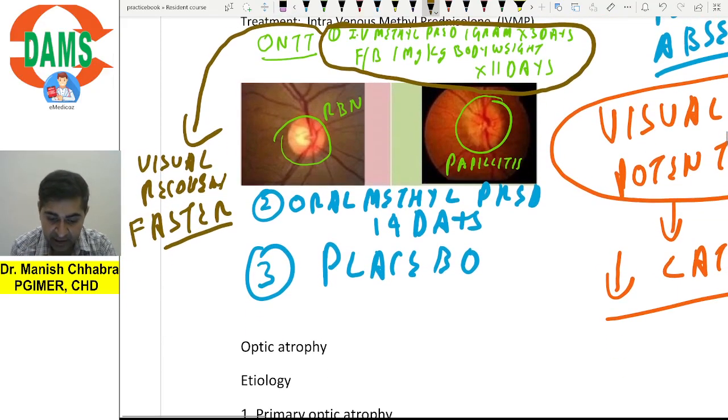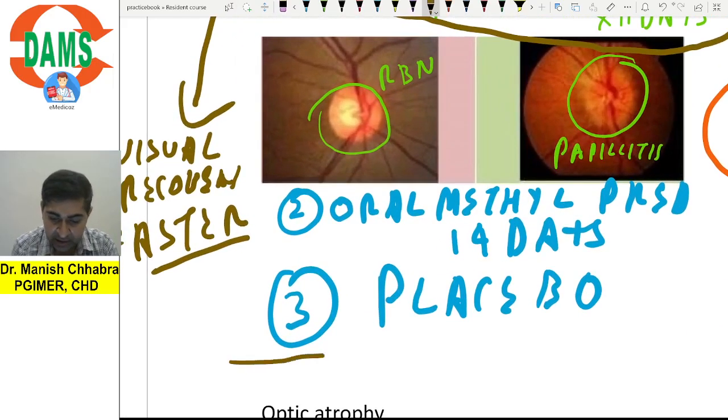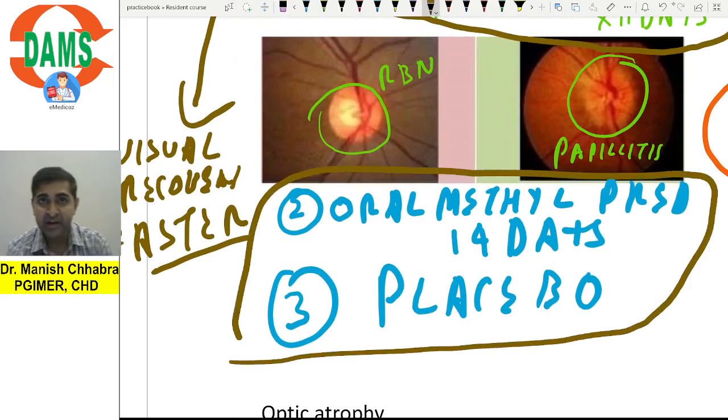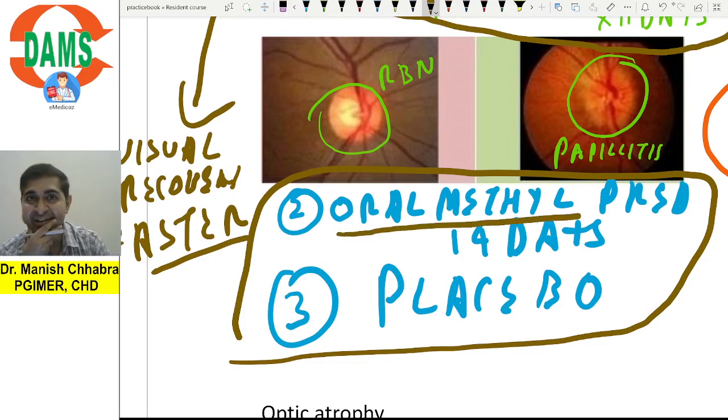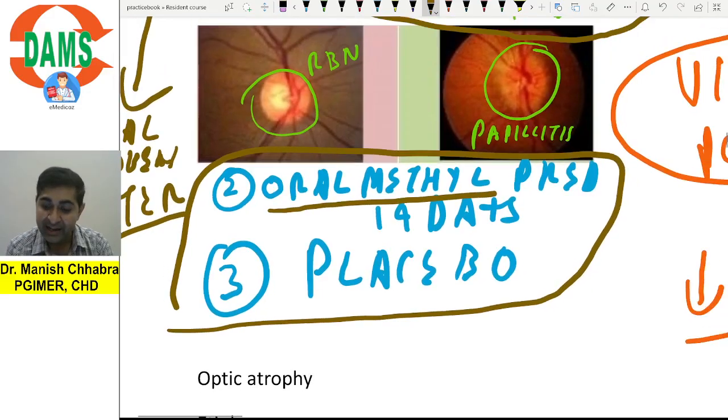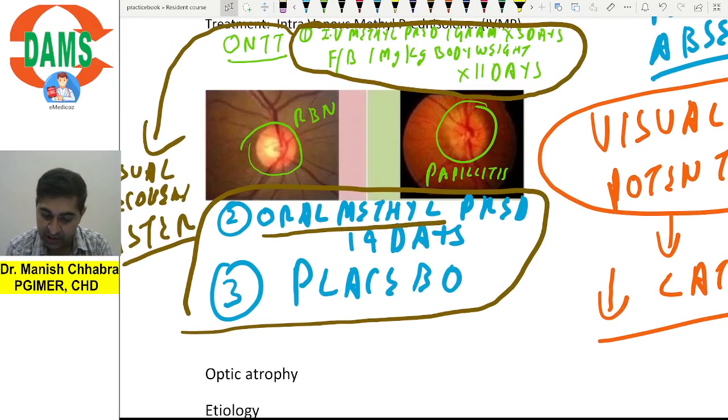But the same faster visual recovery was also seen with oral methylpred for 14 days. Now you'll say, sir, what is the difference? Why are we giving IV methylprednisolone along with oral when both have faster visual recovery?